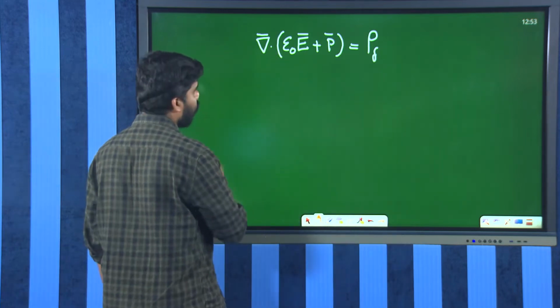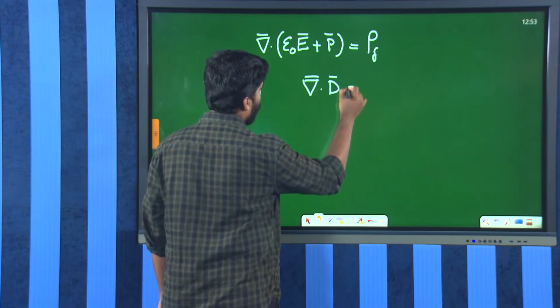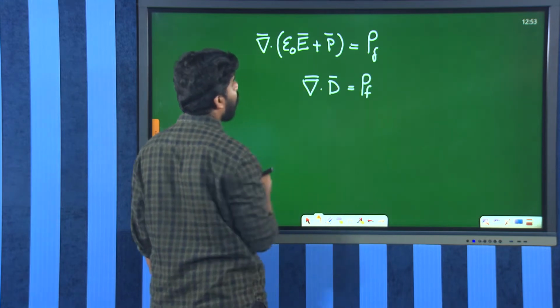And from our Gauss's law expression, I can write del dot D is equal to rho f. This is what we have derived just now.